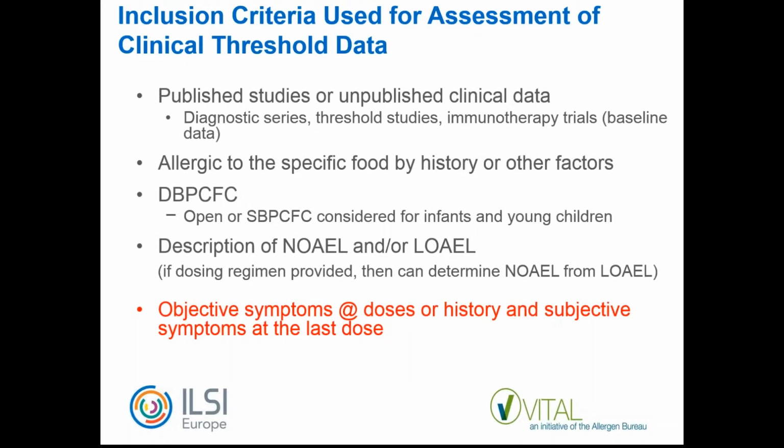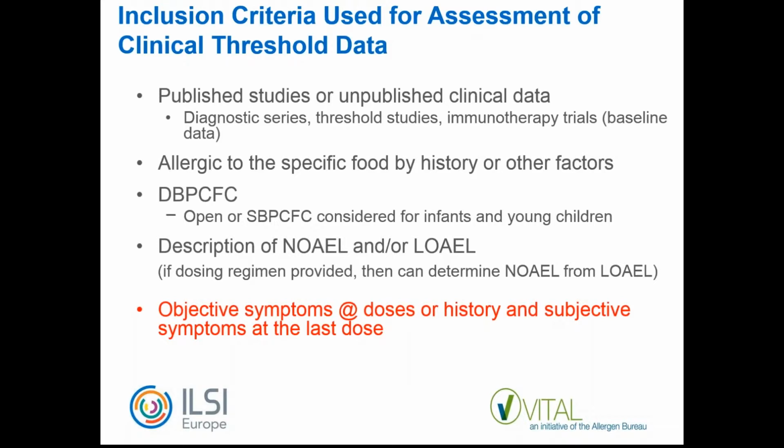We utilized published studies that were in the public domain, as well as unpublished clinical data from various studies that may have been done from a diagnostic series, threshold studies, or perhaps baseline data from some immunotherapy trials. These individuals, of course, had to have inclusion criteria based on history of reactivity to that food or other factors such as serological positive response to the allergen or a skin prick test.